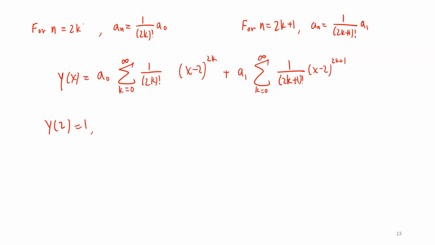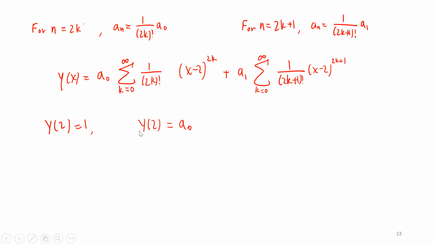I just put 2 into the series, and I can take advantage of the x minus 2 over here. If you put x equals 2 in all the terms, most of the terms go to 0, except the a0 term. So y(2) is equal to a0.